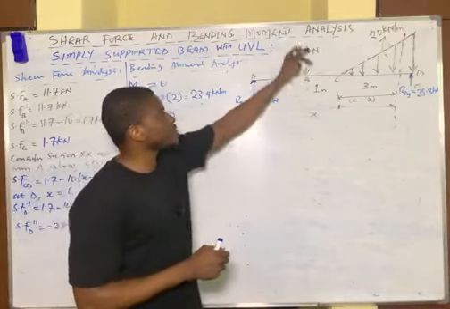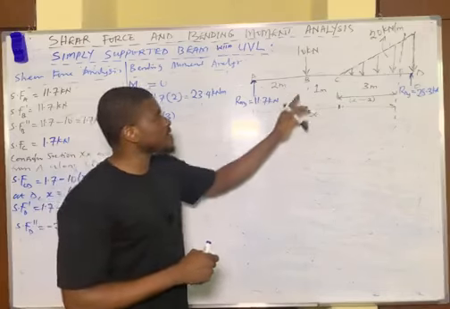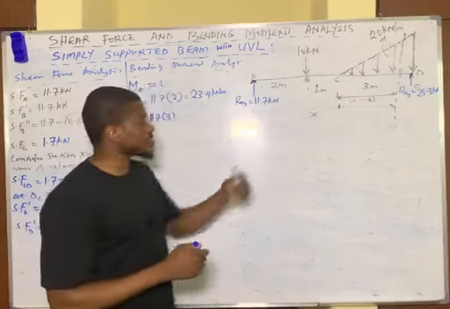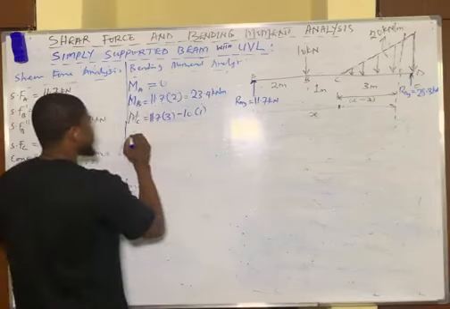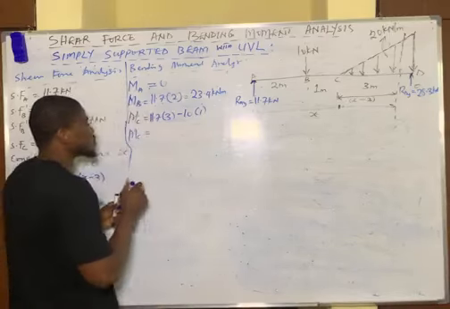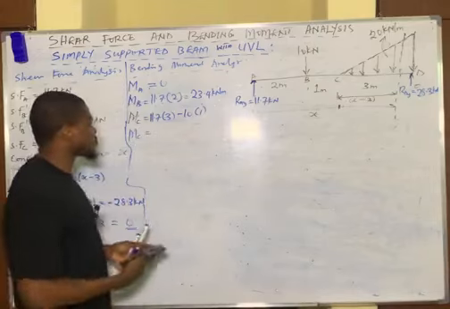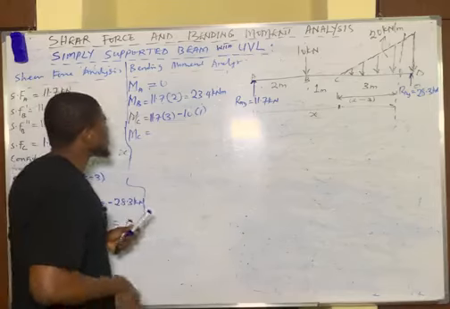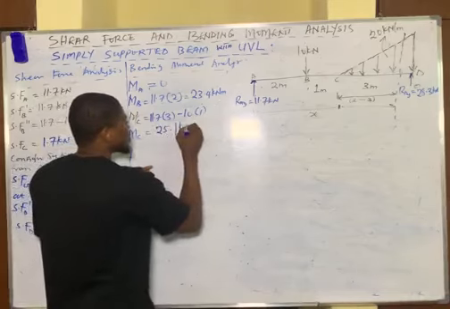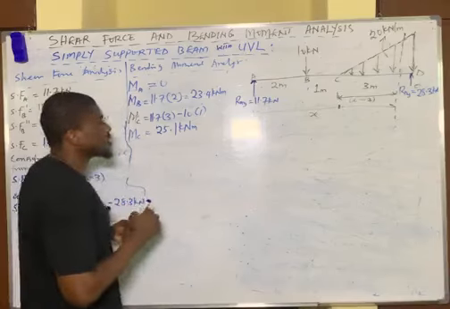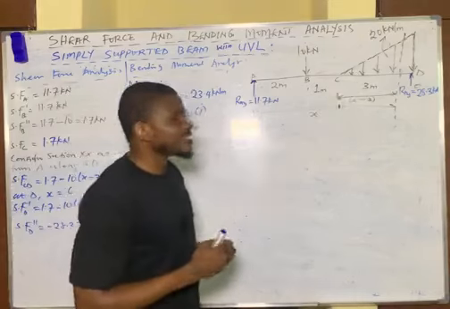Now we have 10 kilonewtons force pointing downwards, therefore it will exert a negative moment at point C. Total distance it takes this force to get to point C is 1 meter. So you simply have minus 10 into 1. Therefore, moment at point C is 11.7 multiplied by 3 minus 10 times 1. That simply gives us 25.1 kilonewtons meter.